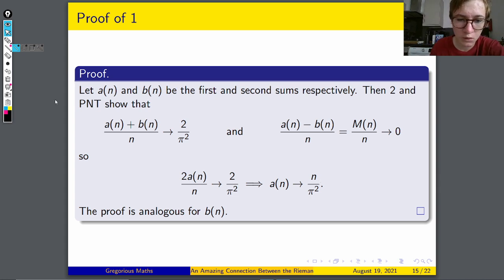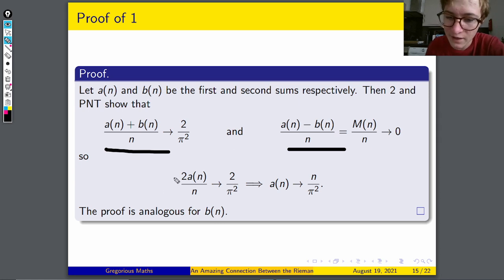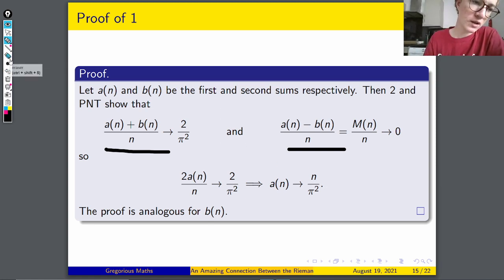And therefore, when you add this and this, you get 2a of n over n, and this is still going to go to 2 over pi squared, because adding 0 to this is still going to give 2 over pi squared. And then, just rearrange, multiply by n over 2, and you get that a of n tends towards n over pi squared as n goes to infinity.